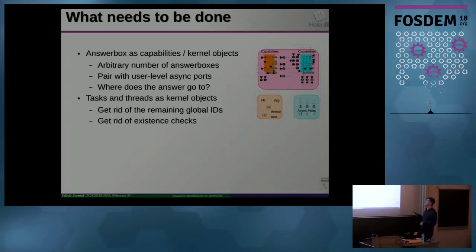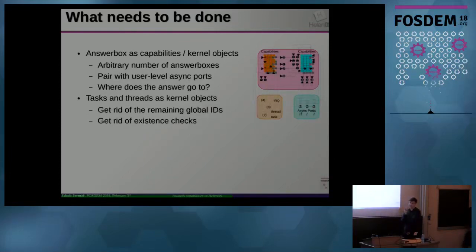Because depending on the capability right, it will be either possible to make use of the answerbox capability to send messages, or to use an answerbox capability to receive messages. So I think we won't need phones when this is done.